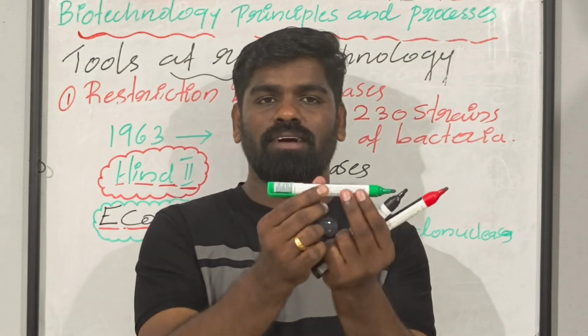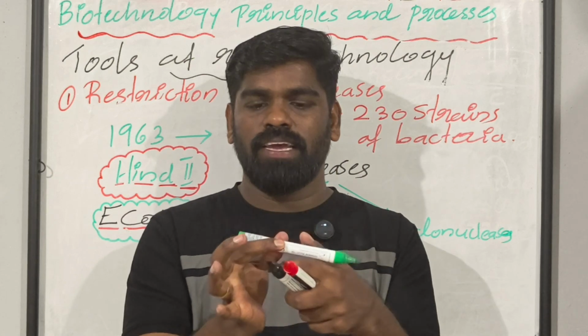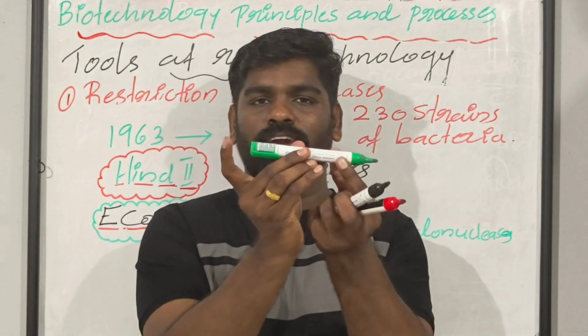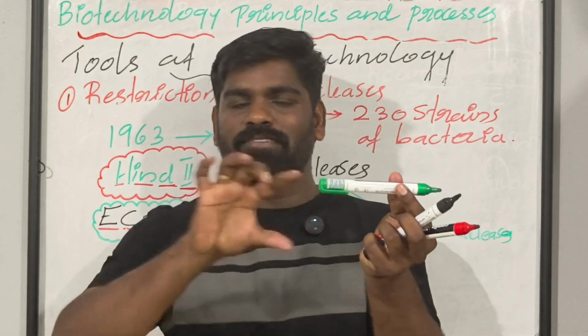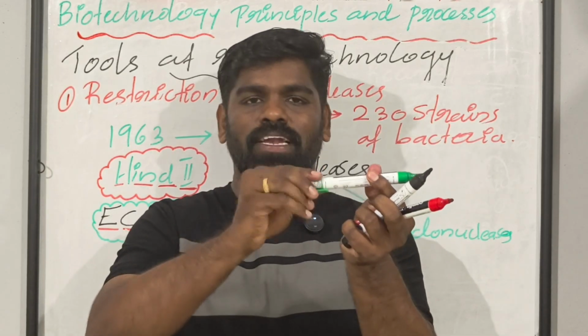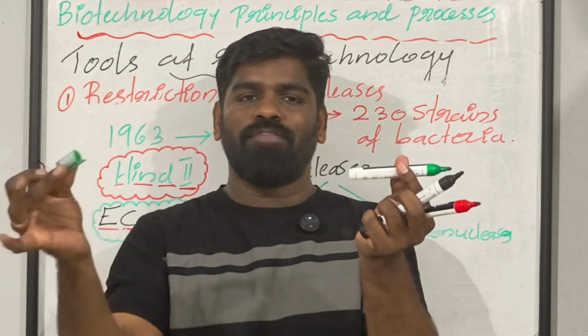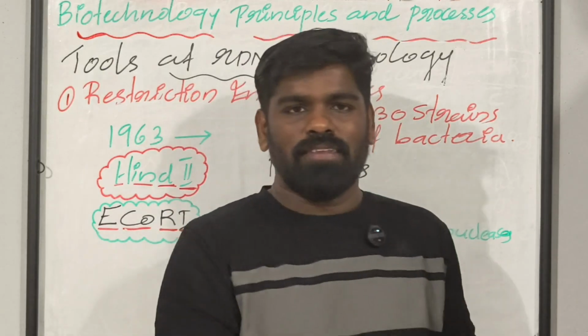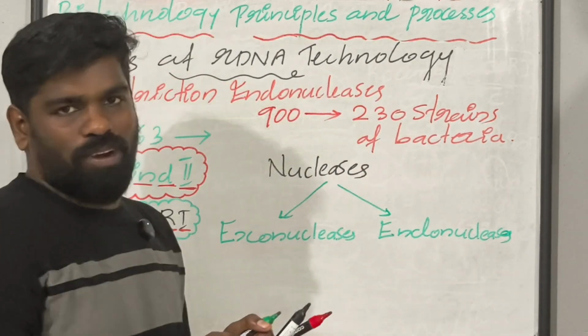Just imagine this is the DNA, and this is one end of DNA. A DNA is made up of nucleotides, we already know it. So this enzyme will remove the nucleotide from one end of DNA. So that is called exonucleases.